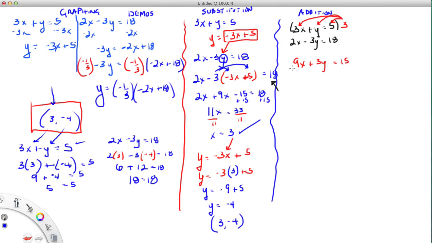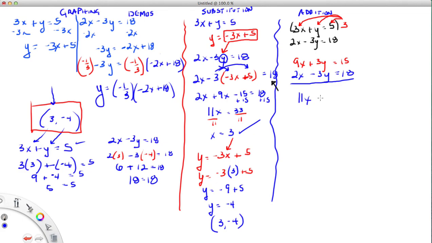My second equation was 2x minus 3y equals 18. Now I can add these two equations together. Notice I have positive 3y and negative 3y. That's 0y, which is 0. So 9 plus 2 is 11x.